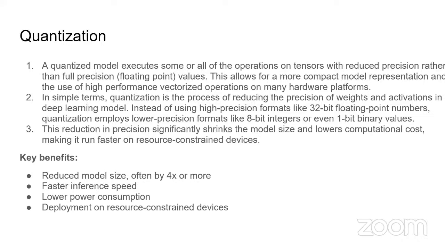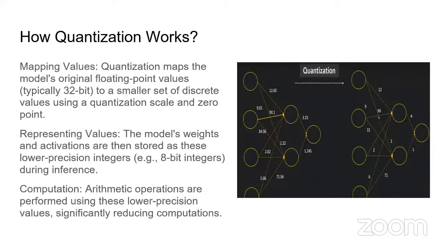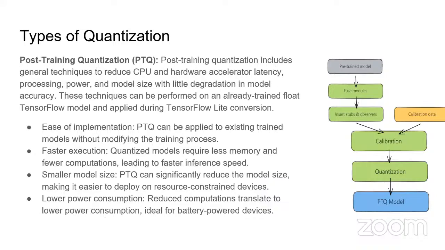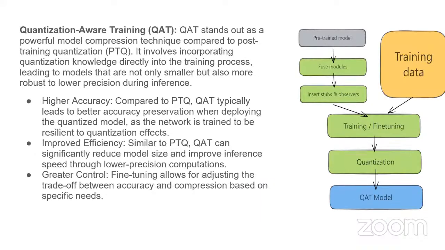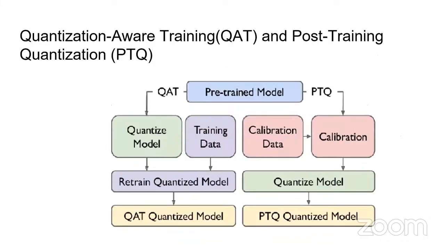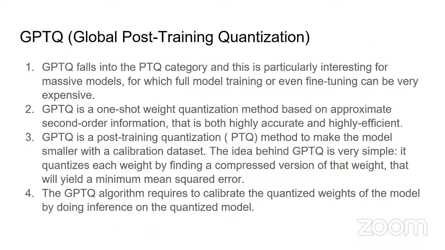Here we have seen that a quantized model executes some or all of the operations on tensors with reduced precision. Then we have understood how quantization works. We have understood quantization aware training, dynamic quantization, and post-training quantization.